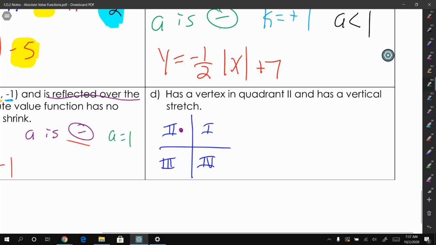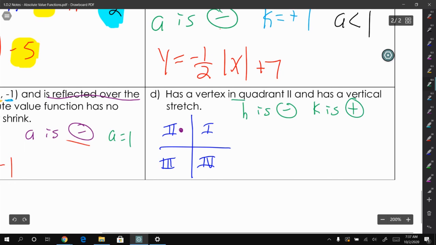But this tells us that our h value is negative, k is positive, and a vertical stretch means a is bigger than 1. This isn't telling us if we have to open up or open down, so we don't know if it should go up like that or down like this, so we could do either one and still be correct.